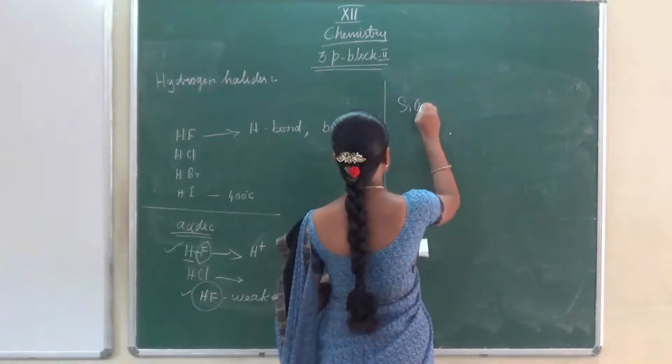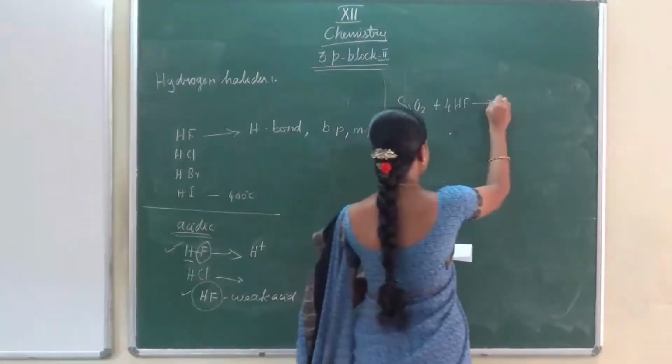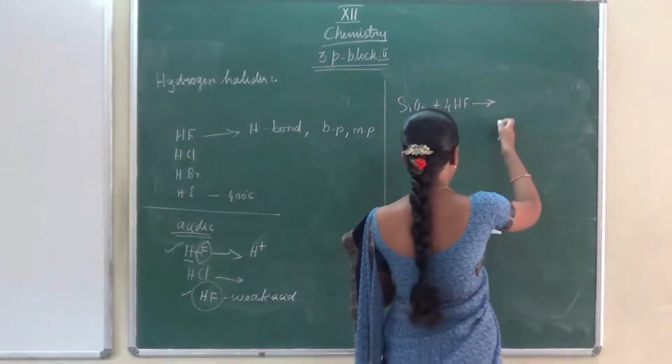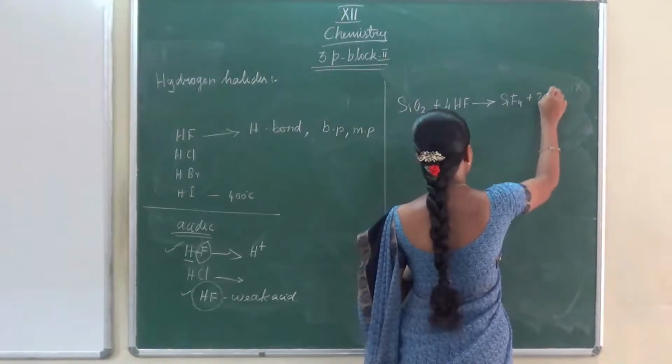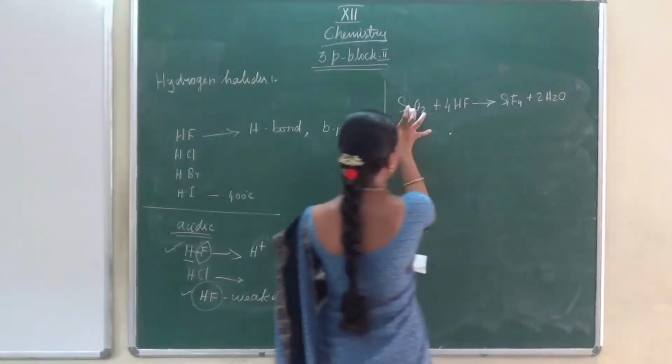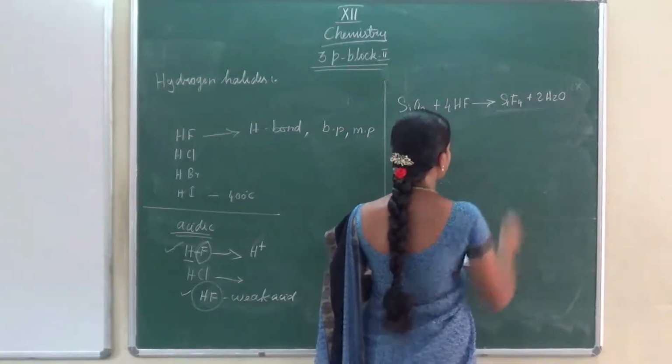Silica, SiO2, when we treat with HF, it will become watery. How? SiF4 plus H2O. The glass bottle will become liquid state, SiF4 and water.